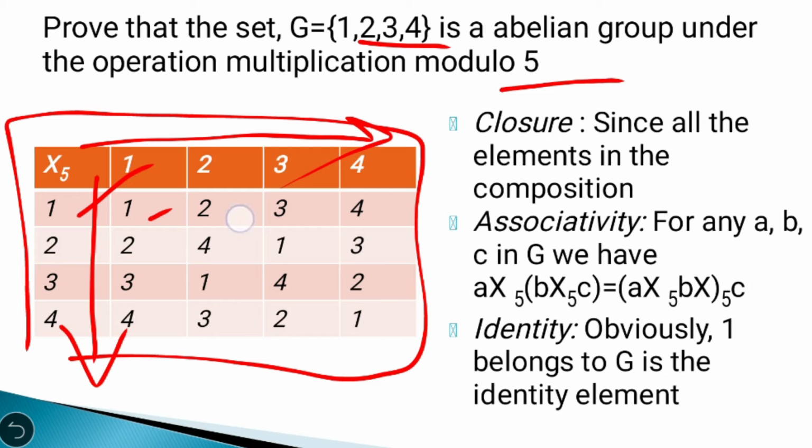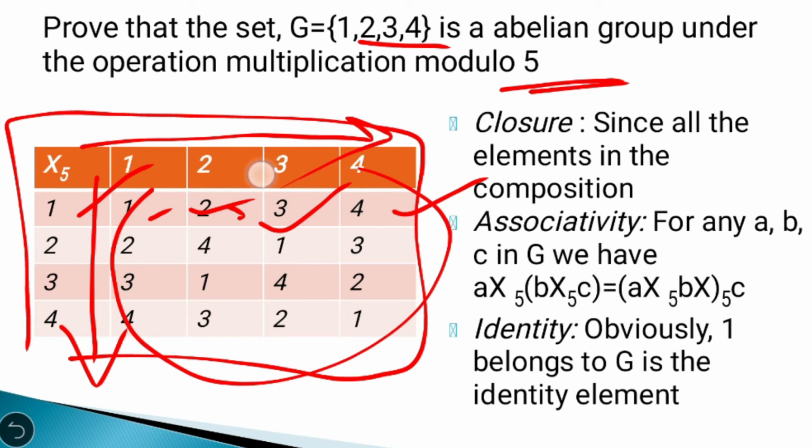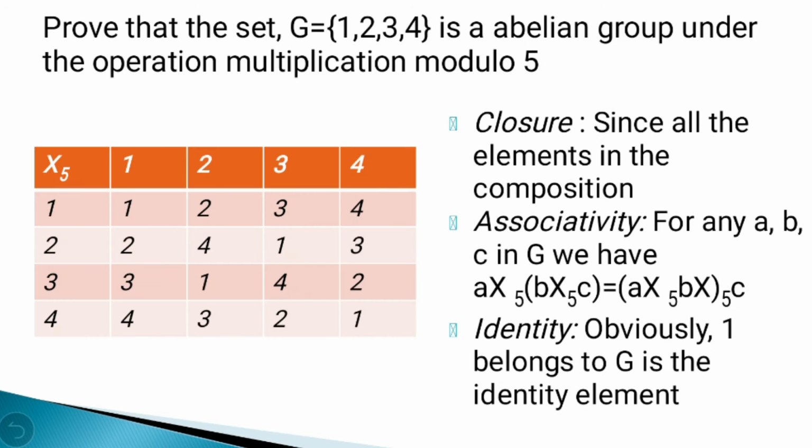Next, for this entry we multiply 2 into 1 divided by 5, which gives 2. Same, 3 into 1 divided by 5 gives remainder 3, and in a similar manner we fill all the entries. It will give us the composition table.